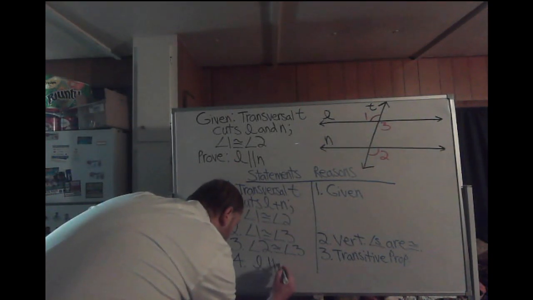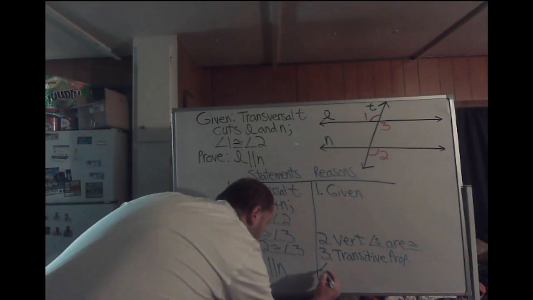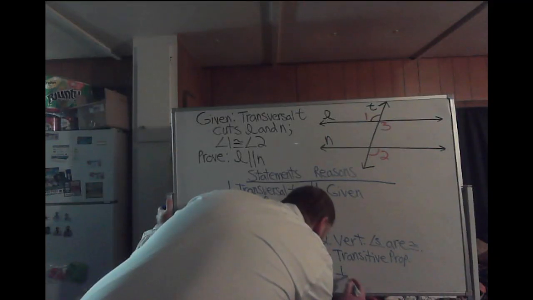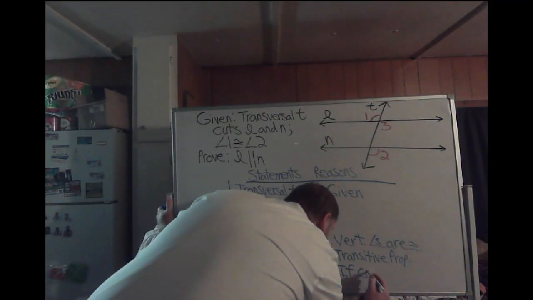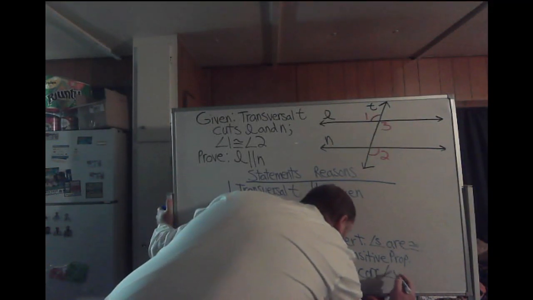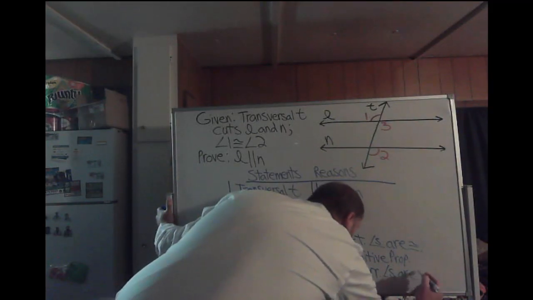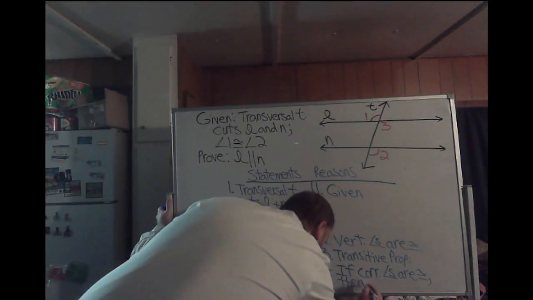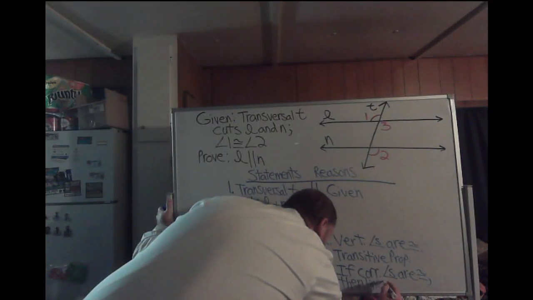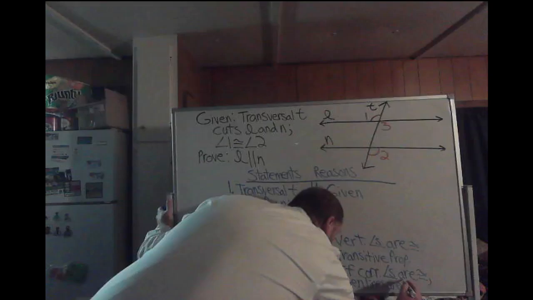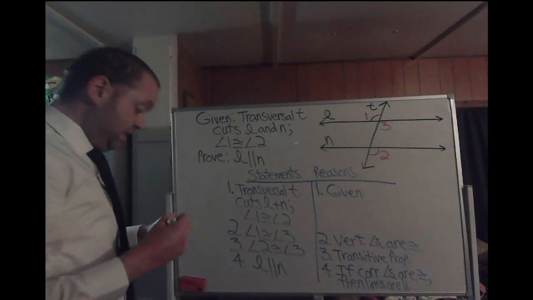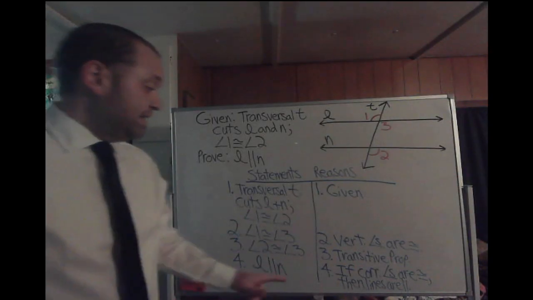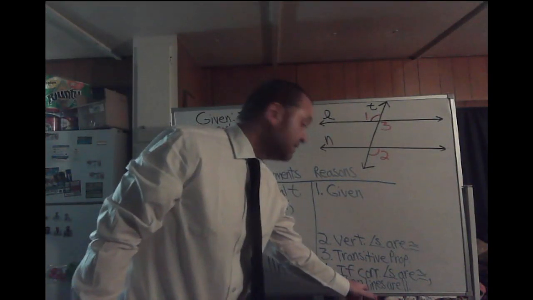Line L is parallel to line N. The reason for that is, if I'm going to abbreviate this, if corresponding angles are congruent, then lines are parallel. Okay. So line L is parallel to line N by the fact that if corresponding angles are congruent, then the lines are parallel.